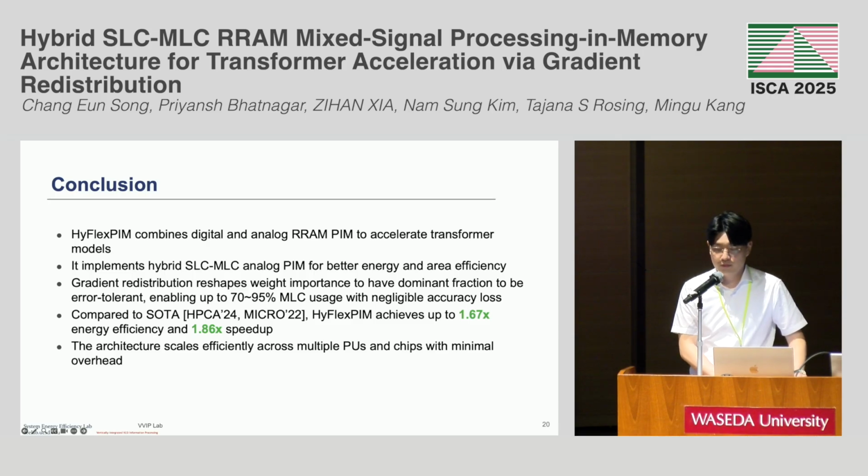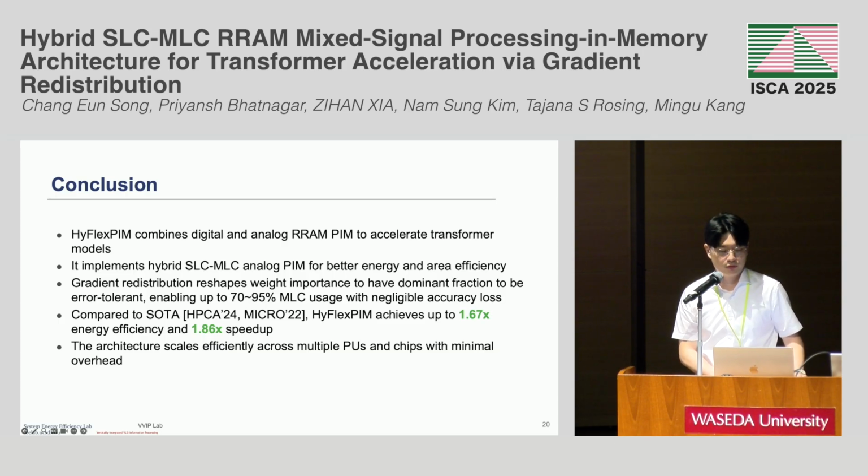So the conclusion of our work is that HiFlex PIM combines the digital and analog RRAM PIM to accelerate the transformer models. And it implements the hybrid single-level cell and multi-level cell analog PIM for better energy and area efficiency.